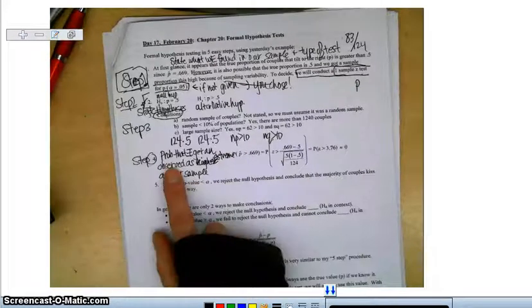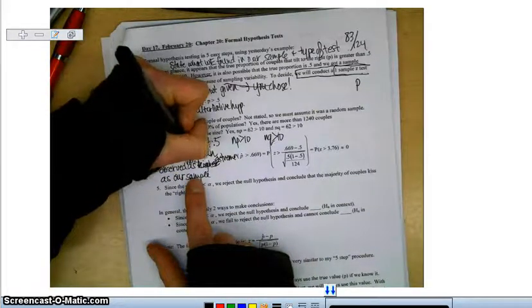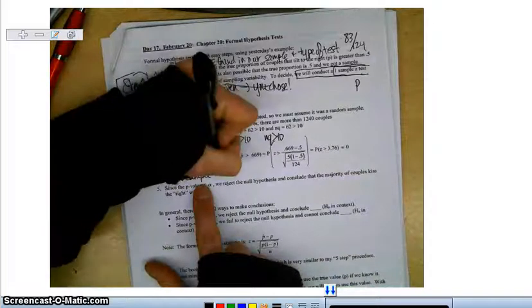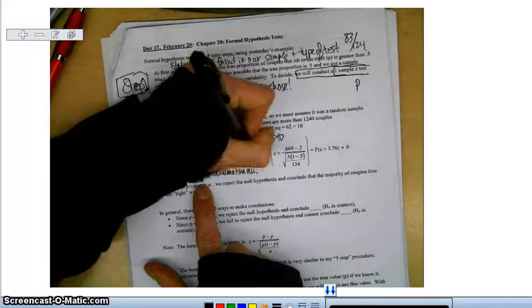So the probability that I get an observed value as extreme as our sample, assuming the null is true.